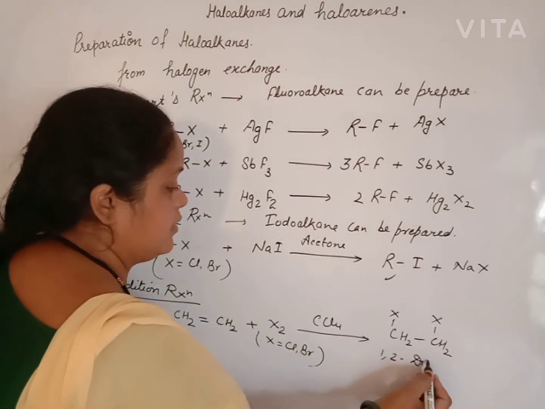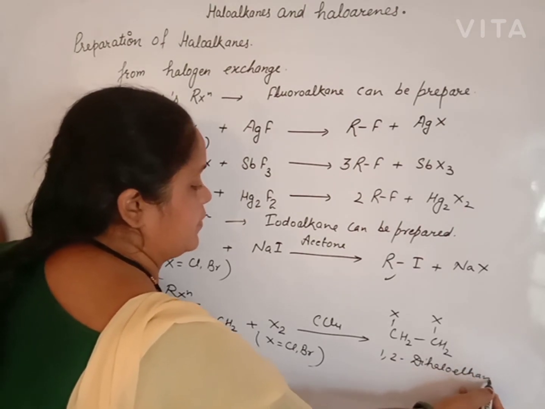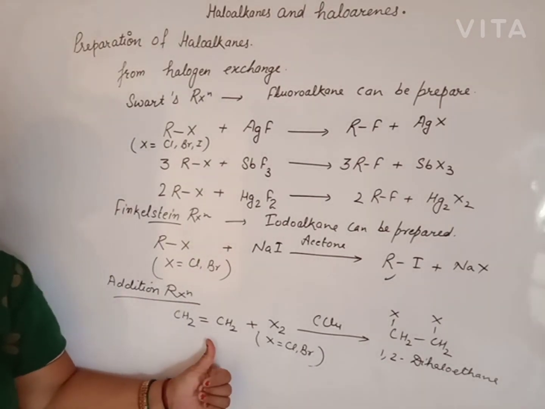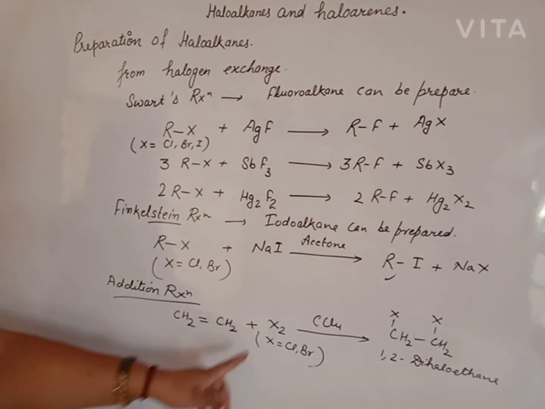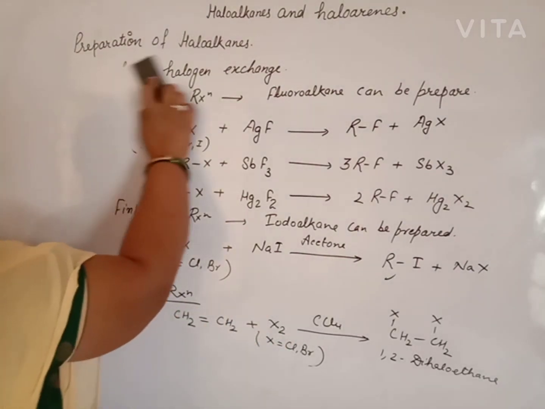1,2 dihaloethane. Generally you will say alkene. It is a symmetrical alkene with a symmetrical reagent. Beta, the nature of the alkene cannot affect; only the nature of the reagent will affect the reaction.